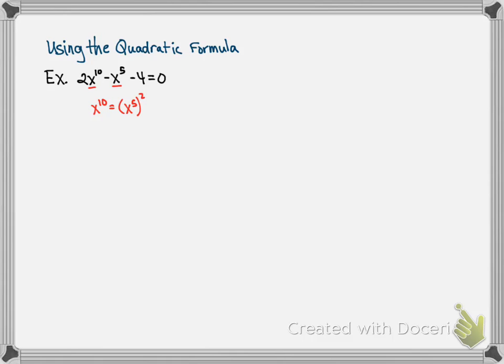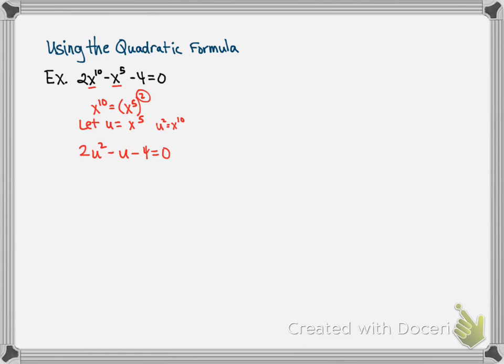So recognize that x to the 10th equals x to the 5th squared. So my u will equal x to the 5th, the part that was squared. So that means u squared is equal to x to the 10th. Now let's substitute in. So I get 2u squared minus u minus 4 equals 0.